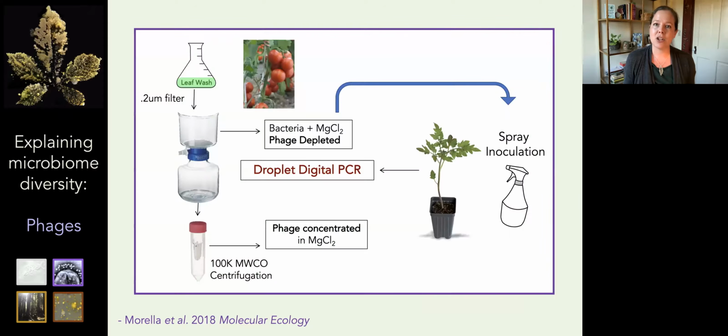They took advantage of a method that's been well developed in marine systems for marine phage, where you take a cup of seawater, or in our case, a cup of leaf wash, where we went to agricultural settings, collected the phyllosphere of field-grown tomato plants, sonicated off all of the microbes above ground, much like we did with the seeds, but at the whole plant level, and then filtered that to collect the bacterial communities on top of the filter. So this is what gets caught, the bacterial and fungal communities.